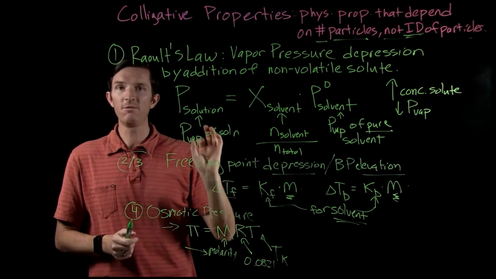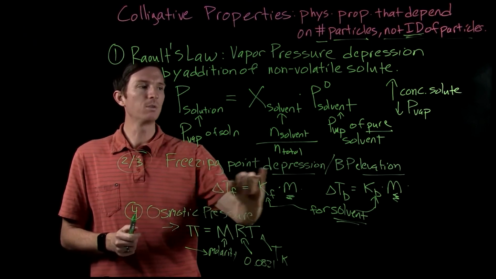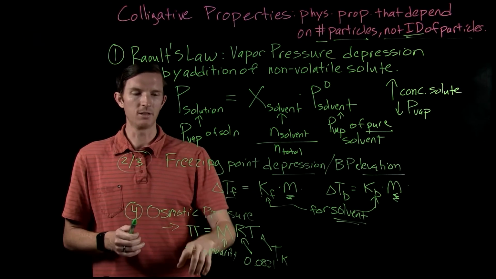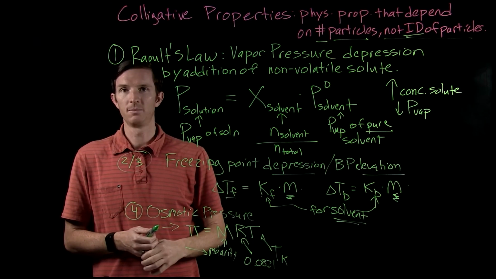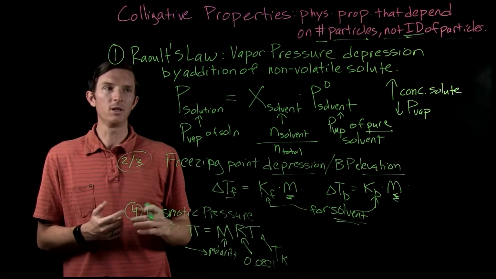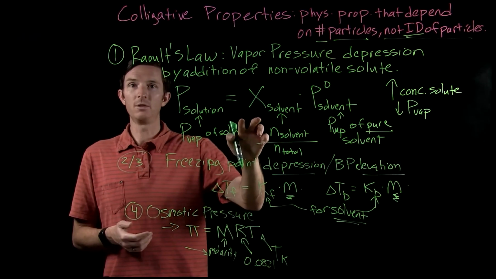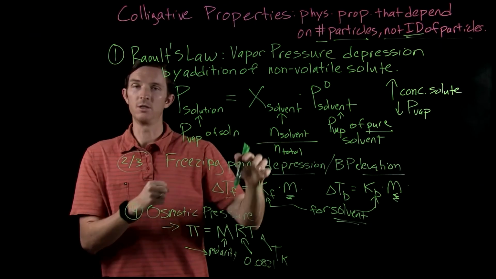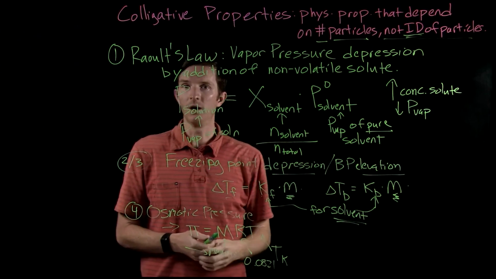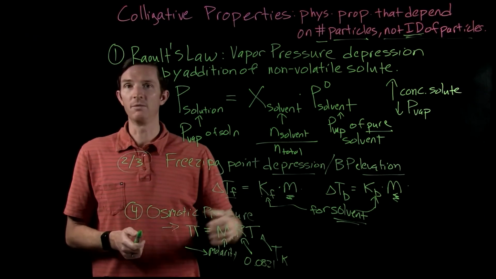It's going to have the same effect on the freezing point depression, boiling point elevation, vapor pressure decrease, and osmotic pressure. Hopefully this gives us a good introduction. In class, we're going to look at how we actually determine how much our vapor pressure decreases, our freezing point decreases, or our boiling point gets elevated when we look at the specifics of each of these.